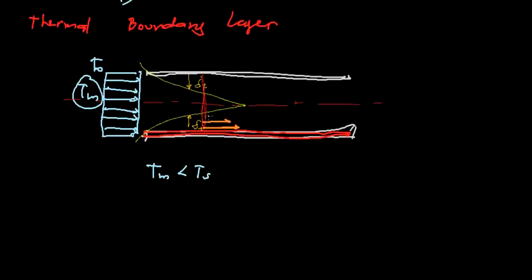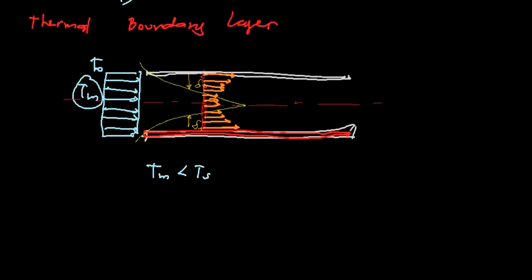Then the first layer will exchange energy to another layer, so that your temperature profile will look like this. Okay, and then it somewhat became flat here, and then once again have this layer.